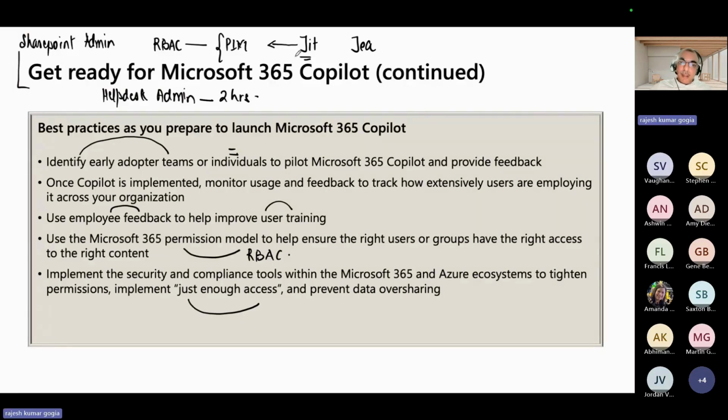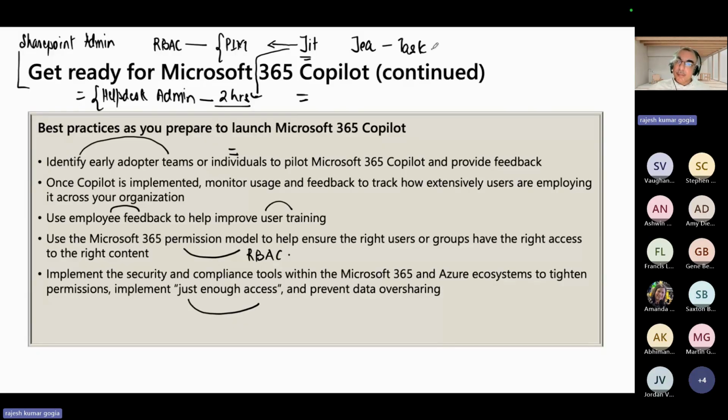That means I can restrict the duration so that whenever he performs the activity, he gets activated only for 2 hours for that particular privilege. Whenever the user logs in, if the role gets activated, it is activated only for 2 hours. So time-based restriction. And just enough access is task-based.